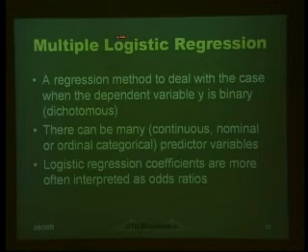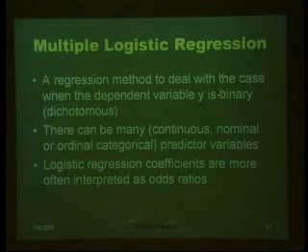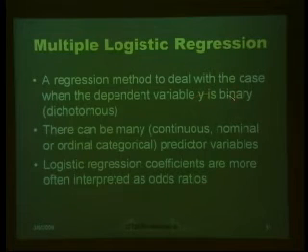So what does multiple logistic regression mean? Basically it's a regression method that deals with the case when the dependent variable, or the outcome variable, is binary. In most cases, we focus on the disease, either the disease is present or absent. It's always a binary outcome, so we usually apply logistic regression. That's a major difference from a linear regression model, where you have a continuous measured outcome.